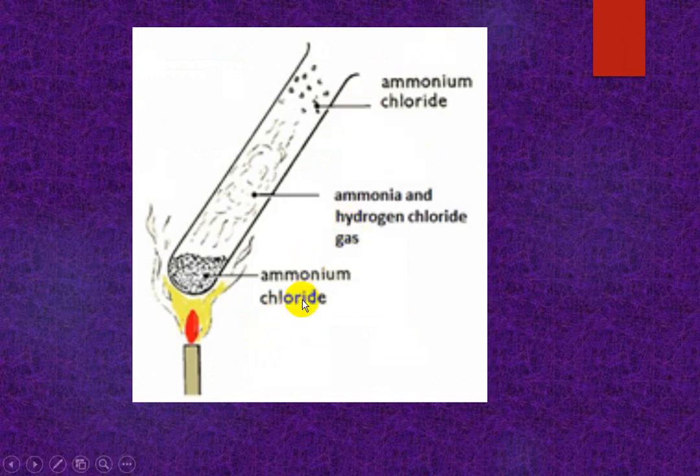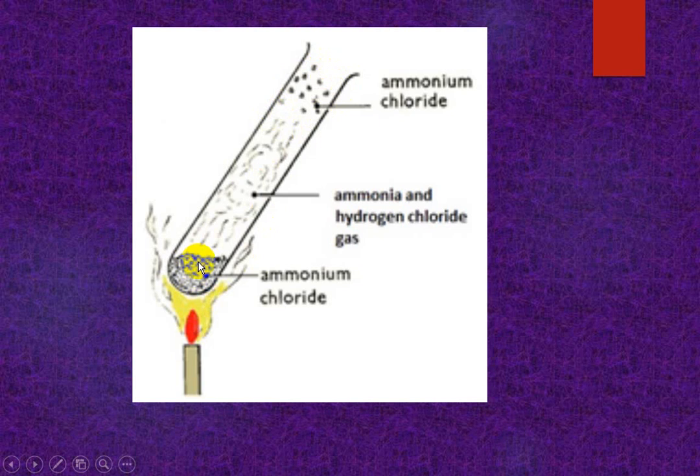I have shown ammonium chloride. When heat is applied, it forms ammonia gas and hydrogen chloride. At the top, where the temperature is lower and there is no heat, they turn again into ammonium chloride.